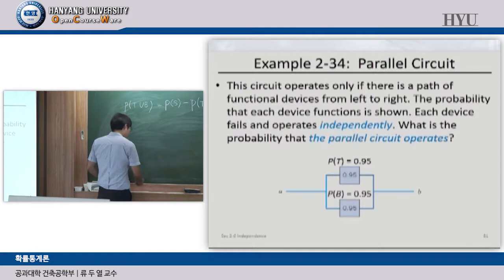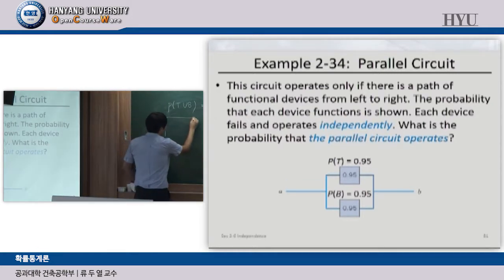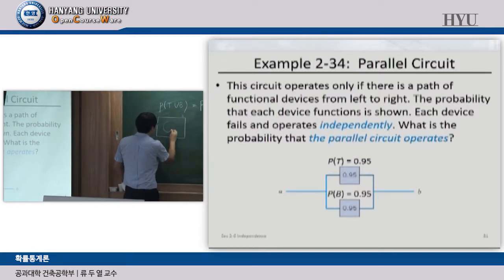Why? If we assume that there is a sample space here, this is the event T, this is the event B, and these two events are independent. That means there is no intersection here. So the union of the event T and event B will be this shaded area, right?